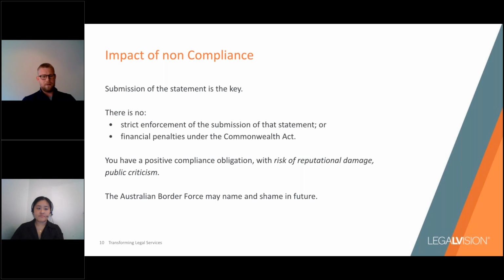With that in mind then, I want to just show you two examples of statements and what compliance might look like for you.